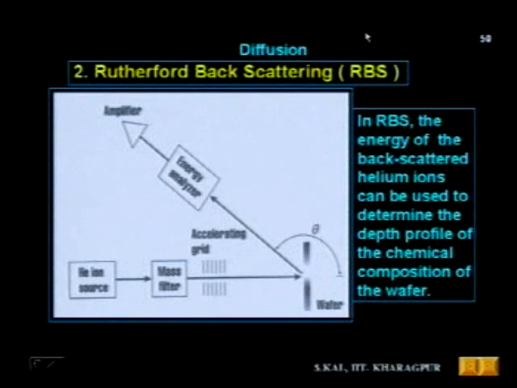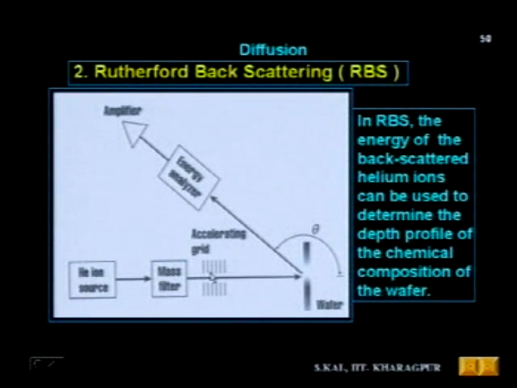which is known as RBS. And RBS is again an involved process, not a very simple technique. In an RBS system, high energy helium ions are used, from a helium ion source. Those helium ions are first filtered in a mass analyzer, and that particular mass analyzer helps you to separate helium ions from others.